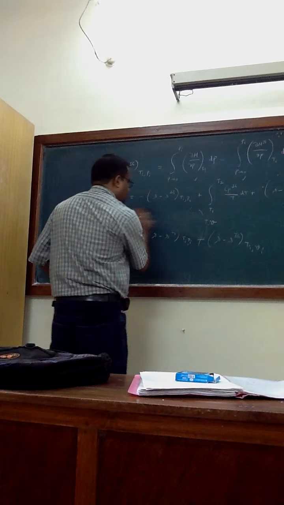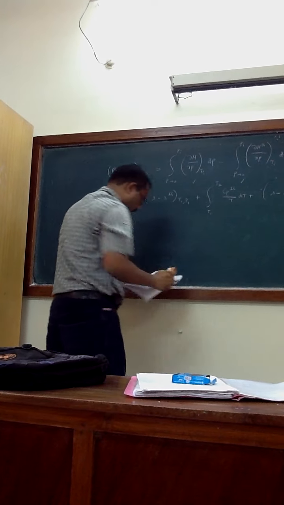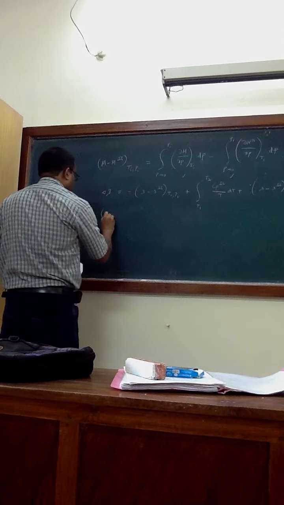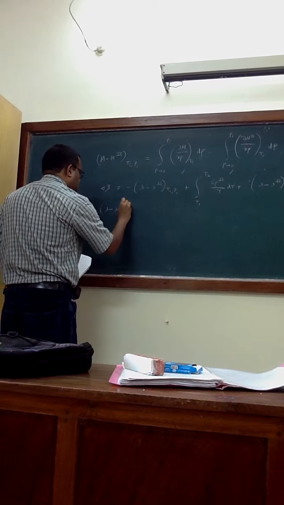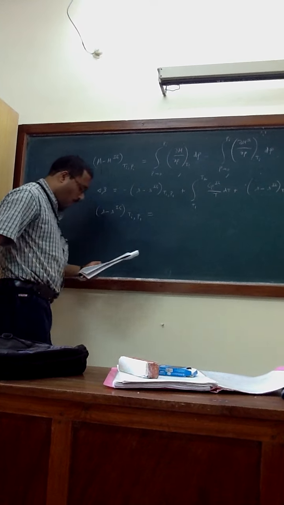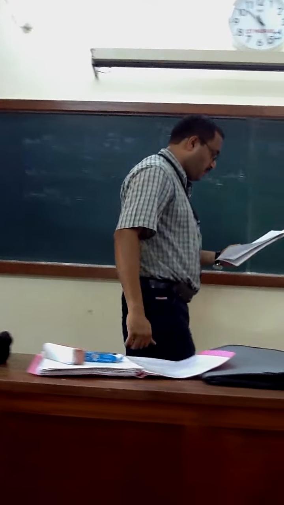S minus S ig at T, P equals to, we will give the final form.